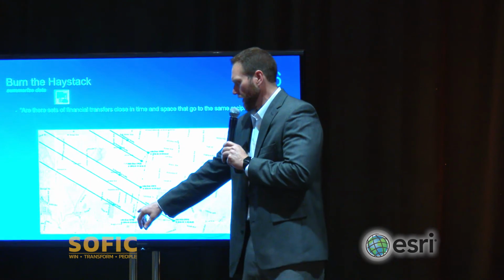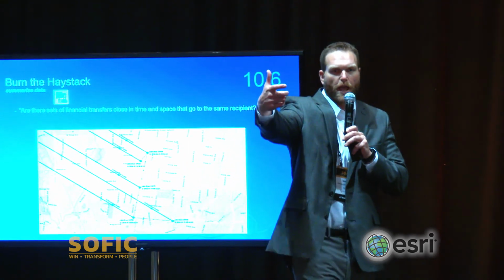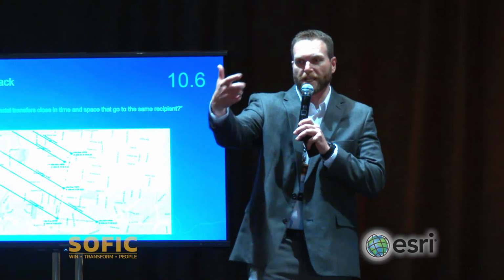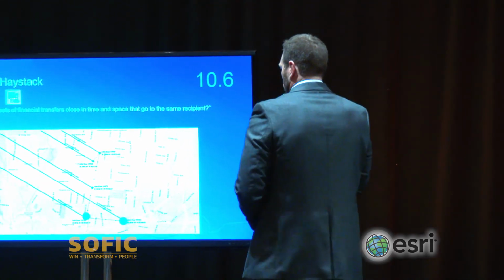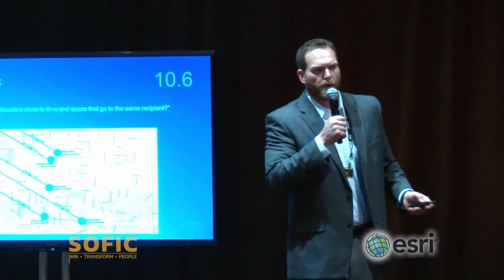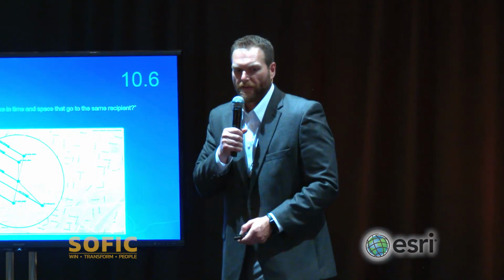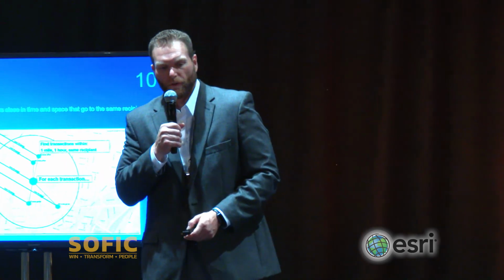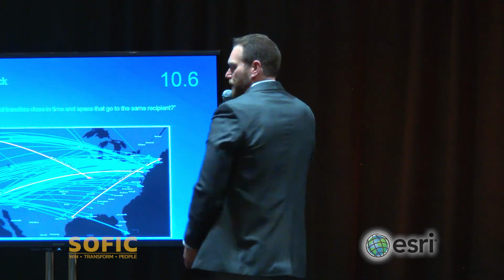I start looking at money transactions happening very close in proximity to each other, going to a similar location or the same location on the other side. So now I start understanding how this data relates. And when I start boiling this down, all of a sudden this ocean of noise and this haystack starts meaning something. And now I can see how that relates over time, and now I can see where my critical points are.